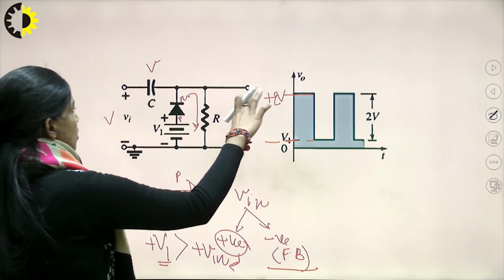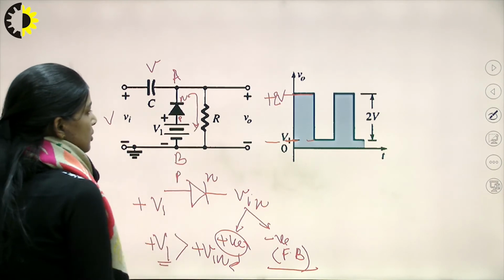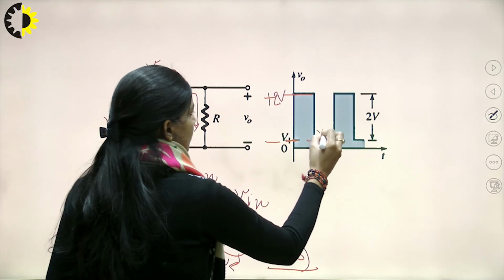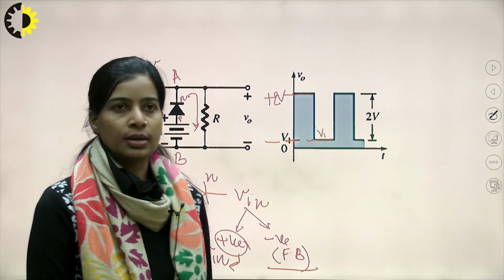So the voltage across the load will be the voltage across the nodes A and B, that is positive V1. So for the negative cycle, this positive V1 voltage will appear across the output.